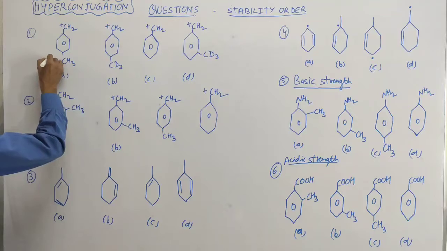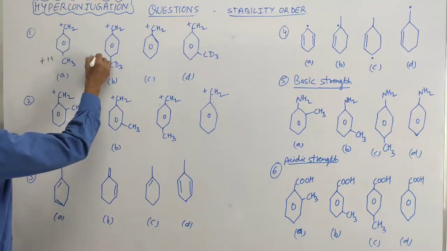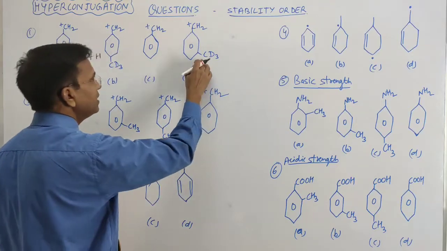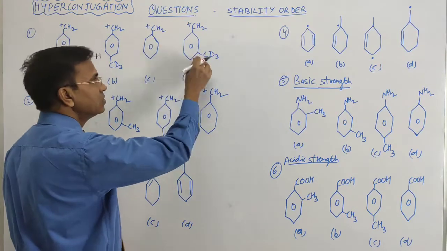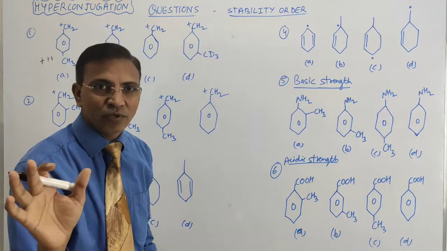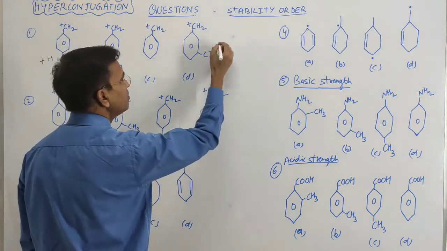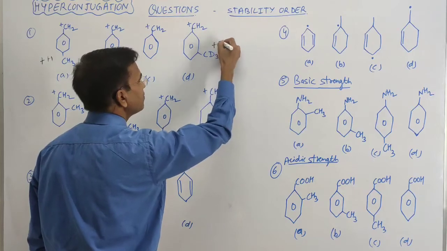Here is the benzene ring symbol, and here is the CD3 at meta position. H effect at meta position doesn't affect.